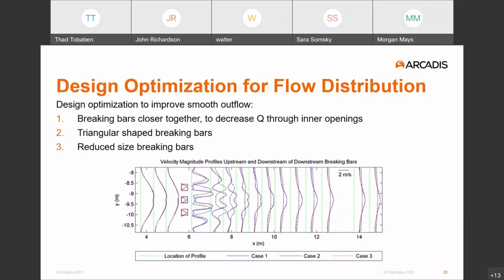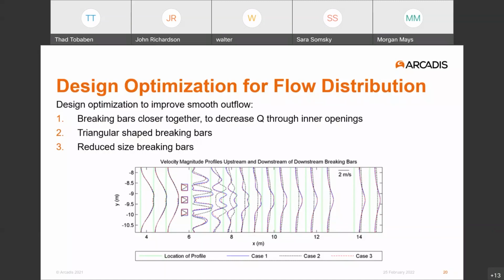The initial design of the braking bars was one where the cross-section of the bars was square or rectangular, and the bars were flush with the face of the doors. One thing that was noted in the initial calculations was that the distribution of flow through the openings between the bars was not even, and that created not concerns, but something that would be nice to get rid of for the incoming flows.